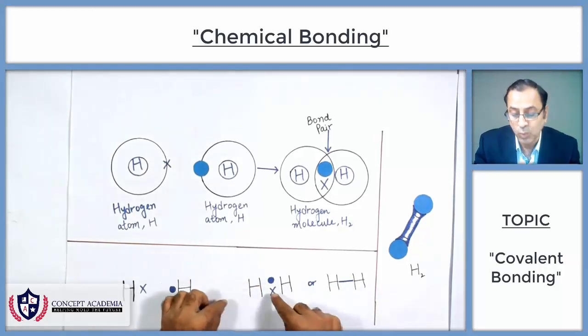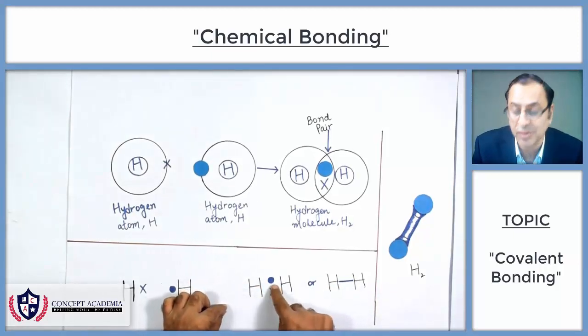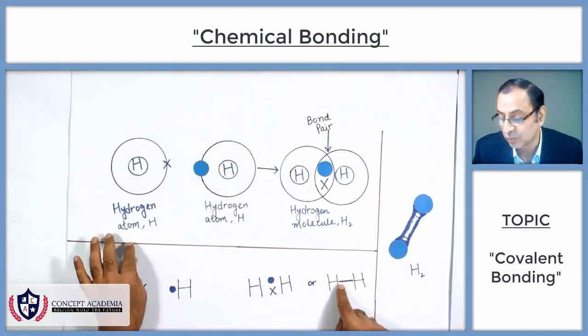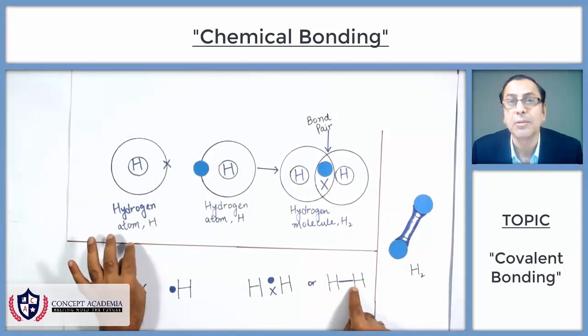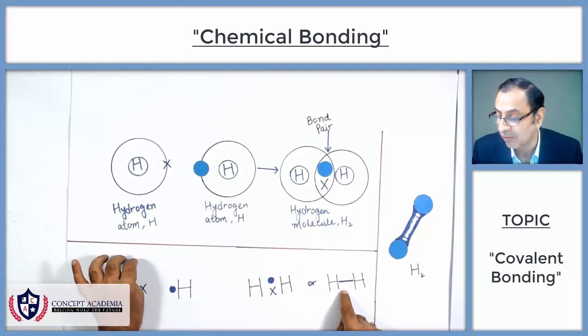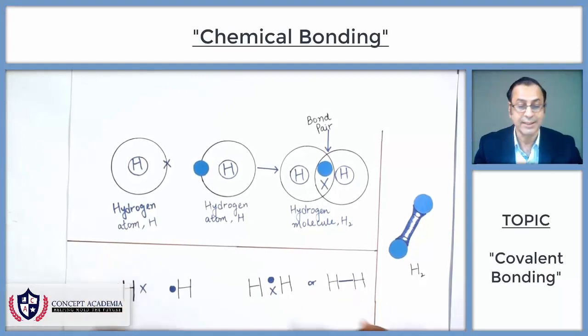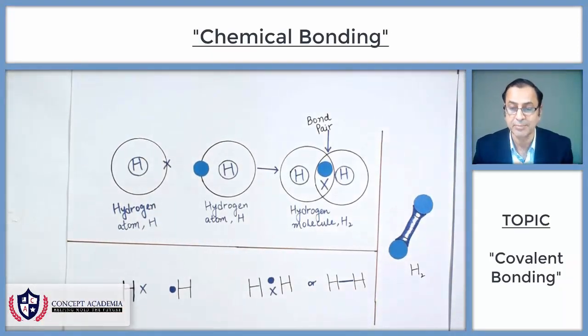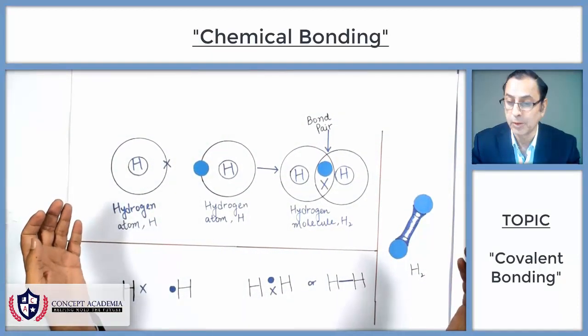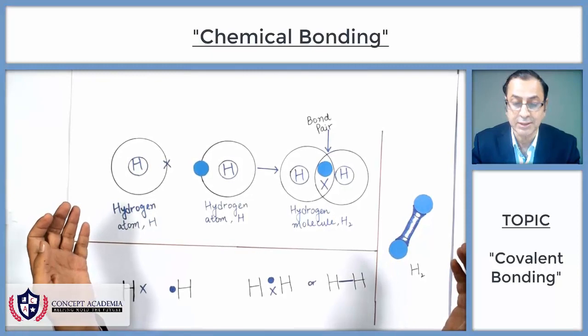One pair of electrons is shown by one bold line, and a single bold line between two hydrogen atoms is called a single covalent bond. This is how I described the hydrogen molecule with the help of covalent bonding.